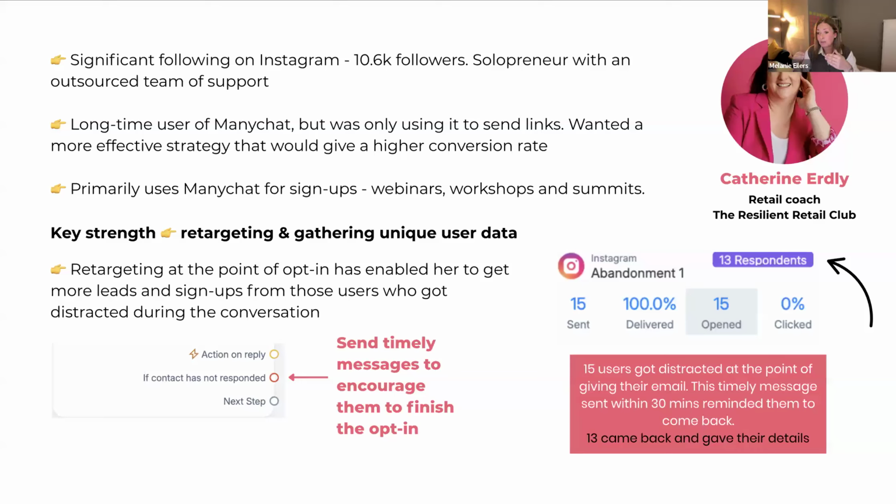Through those abandonment sequences, 13 of them have come back, given their email, and are now a lead into her business. So you don't need to be thinking about massive numbers. Small, mighty businesses can still get amazing results by just using some of these extra tactics within your Manychat automations.